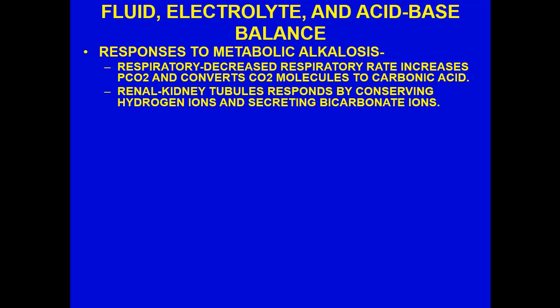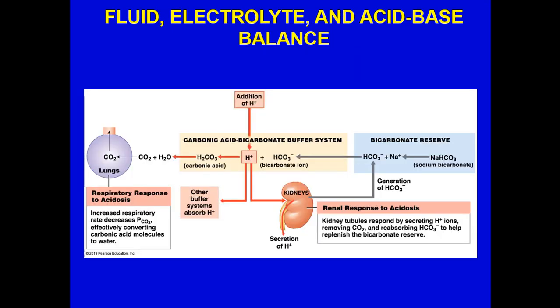The other way to do it is the renal response, in which the kidney tubules conserve hydrogen ions. They will secrete bicarbonate ions, so the bicarbonate will be excreted. The hydrogen ions will be returned back to the ECF outside of the tubules. And you can see how this response occurs. Now, this is all metabolic, so keep this in mind, okay?